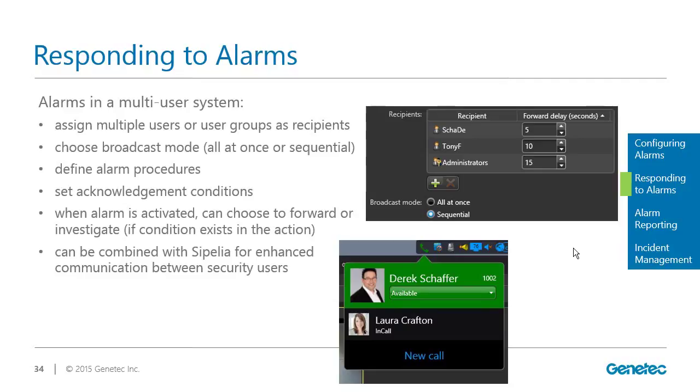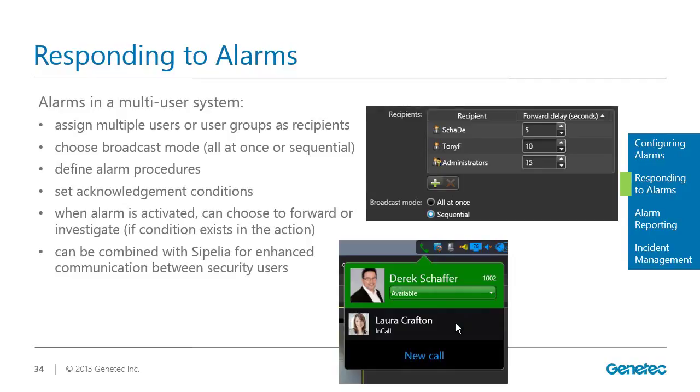One thing that's really nice is another product of ours called Sepelia, and this can really help with quick communication between your security operators. From Sepelia, we can click on the phone icon up here, and the operators can make calls from within Security Desk and talk to each other.